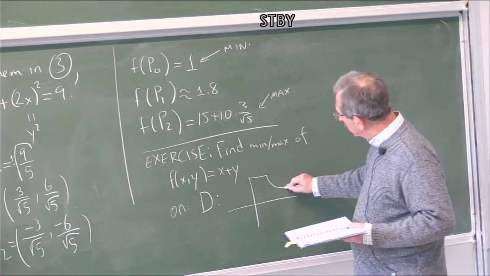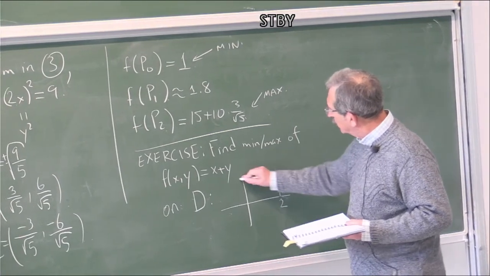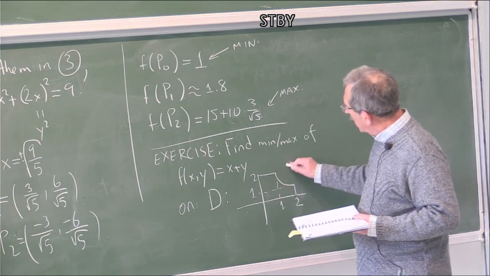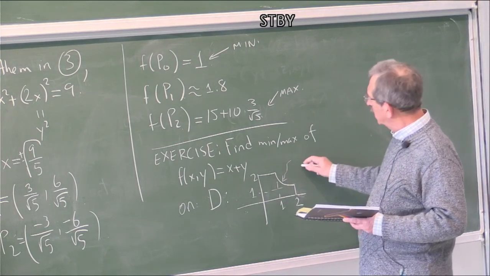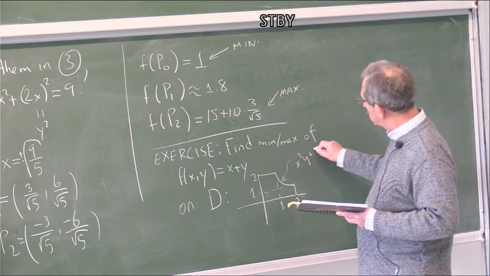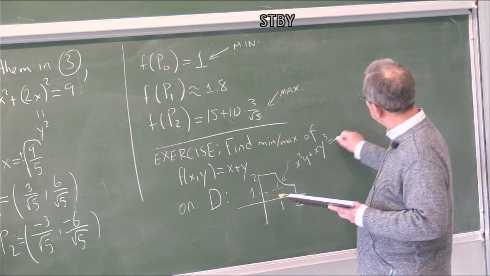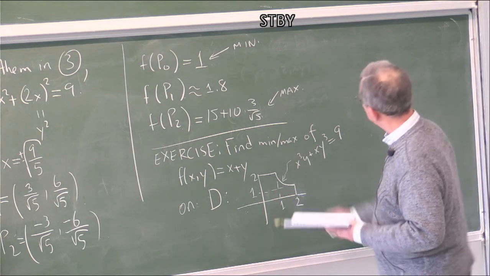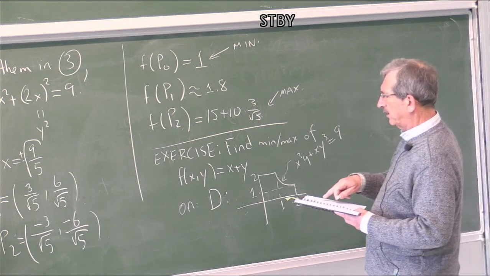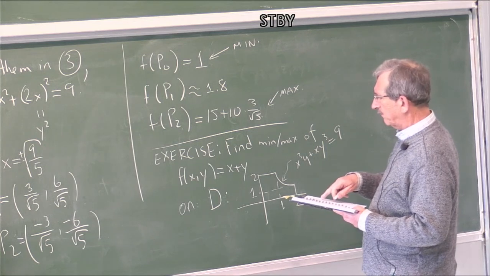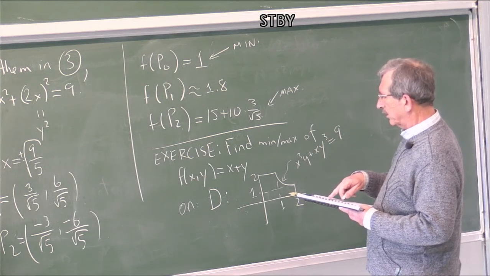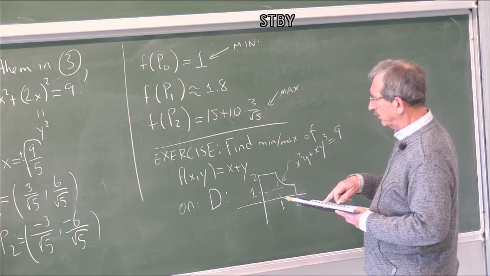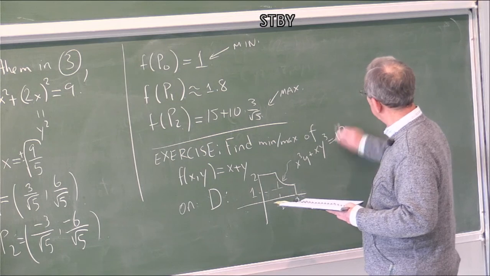It was something like this. These were 2's, these were 1's, and this curve was x cubed y plus x y cubed is 9. Is that right? Let me see. If x were 2, y would be 1. So that would be 10 actually.